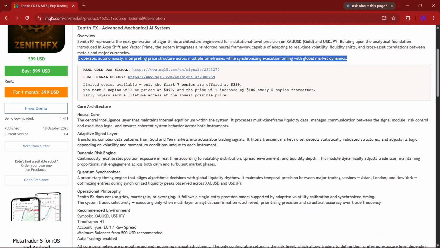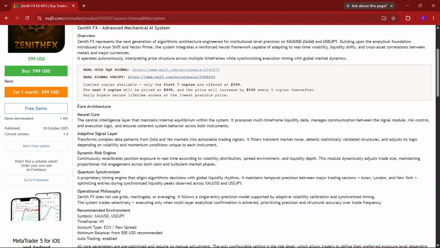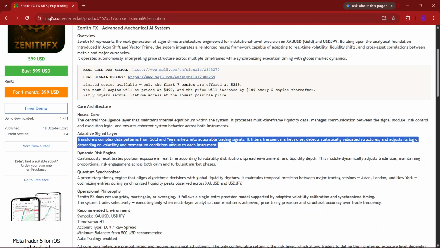They break the architecture into four main layers. We're going to be fast about this. We have the neural core, which they call the central intelligence layer, that processes multi-time frame liquidity data and keeps everything in equilibrium. Then we have the adaptive signal layer. It transforms complex data patterns from gold and Japanese yen markets into actionable signals, filtering noise and adjusting risk based on volatility and momentum.